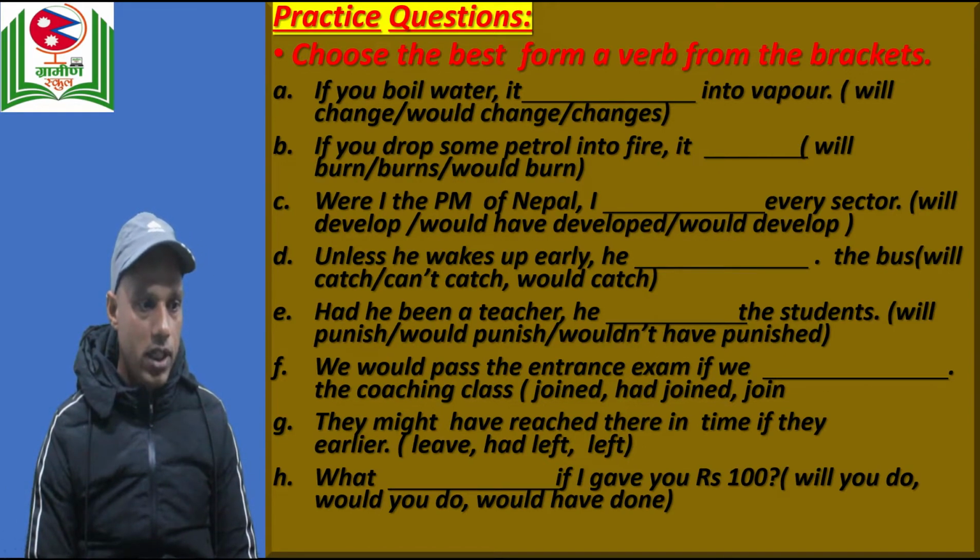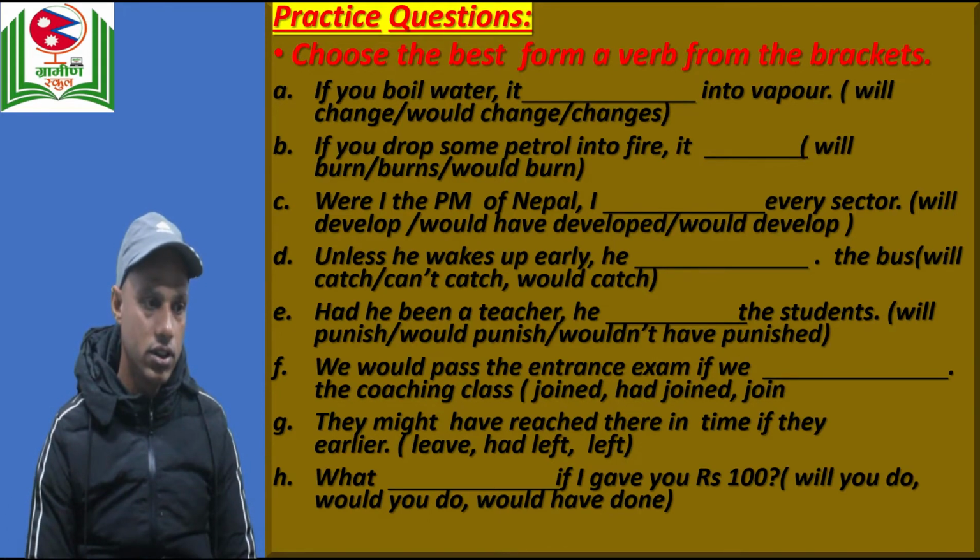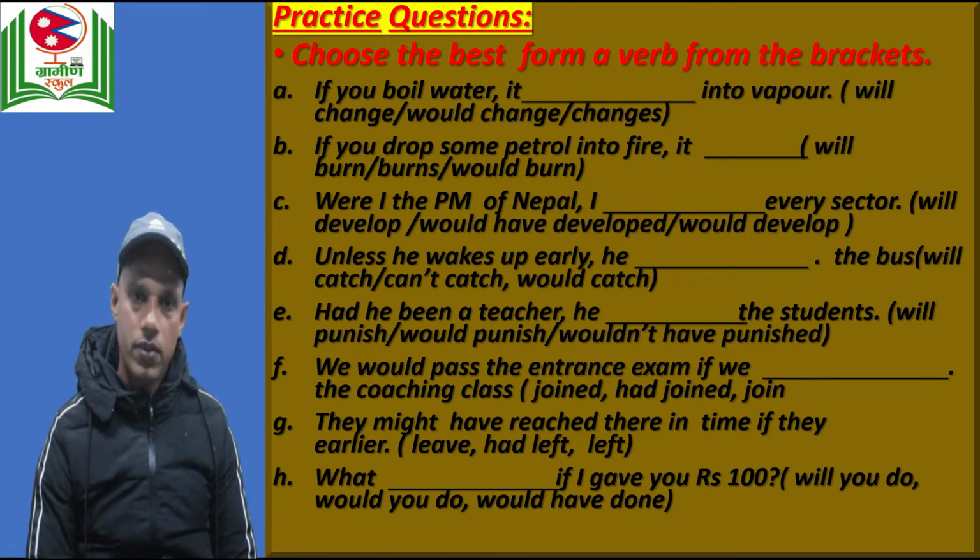Now number C: if I were the PM of Nepal, I ... every sector. We have the options will develop, would have developed, would develop. Can you guess the right option?